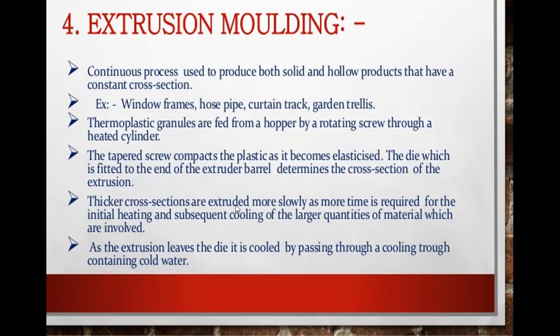Thicker cross sections are extruded more slowly as more time is required for the initial heating and subsequent cooling of the larger quantities of material involved. As the extrusion leaves the die, it is cooled by passing through a cooling trough containing cold water.